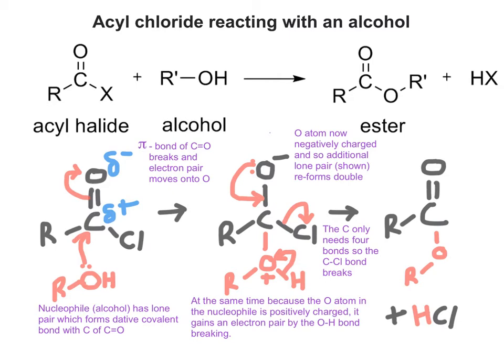It only needs 4, so the carbon-chlorine bond breaks. The chlorine atom takes the 2 electrons from the bonding pair. The organic product is an ester in this case, and the chloride ion that came off and the hydrogen ion that came off find each other, combine and create the HCl.